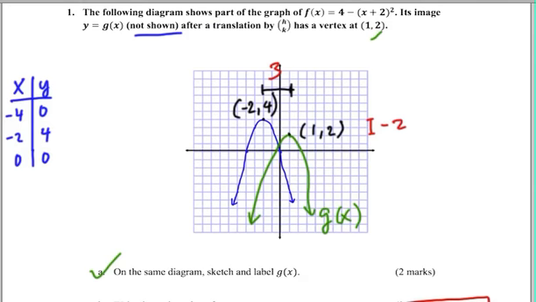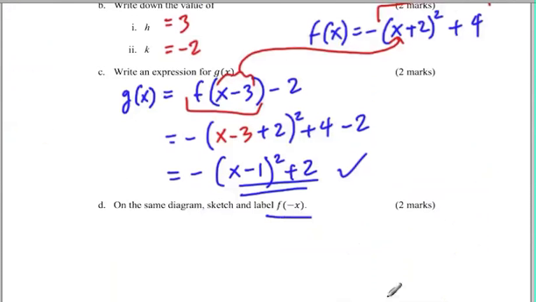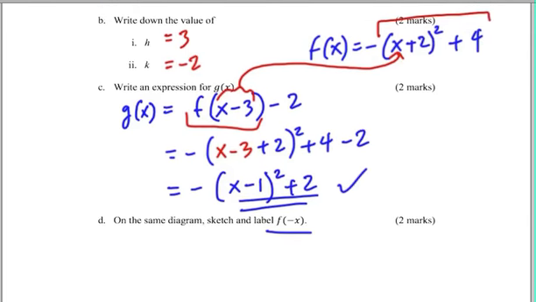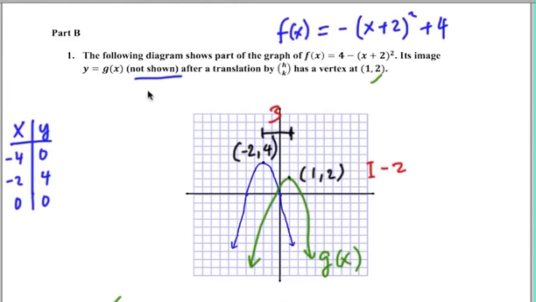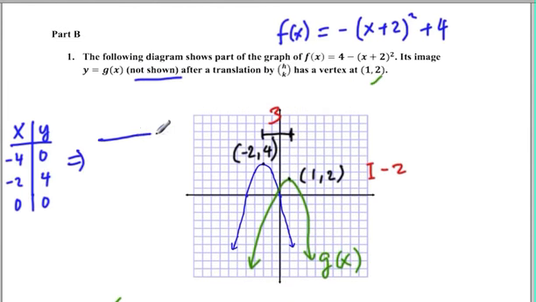So if I'm trying to graph f of negative x, that just means all the x's are transformed. It's just the negative x. The y's stay put, so it becomes (4, 0), (2, 4), (0, 0). I'm going to use red to graph this one.